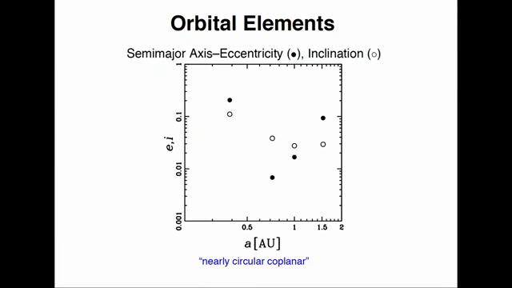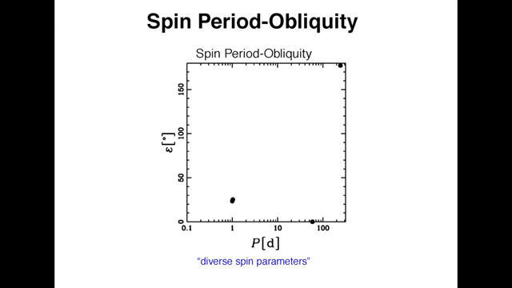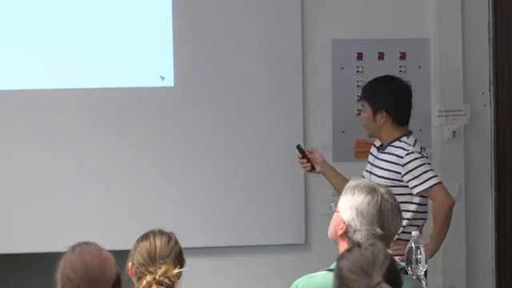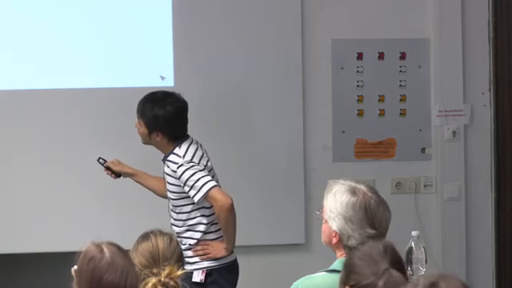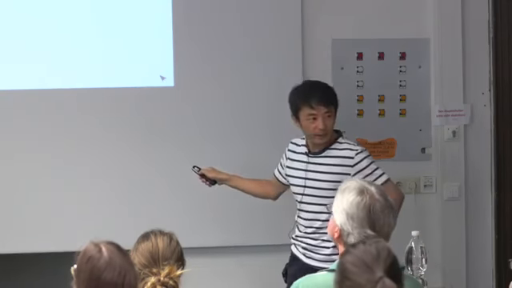Okay. And this figure shows you the spin parameters. The horizontal axis is the period in days, and the vertical axis is obliquity. Obliquity is the inclination between the spin axis and the orbit normal. As you know, the Earth has 23.4 degrees. From this figure, this is Earth and Mars, and this is Mercury.